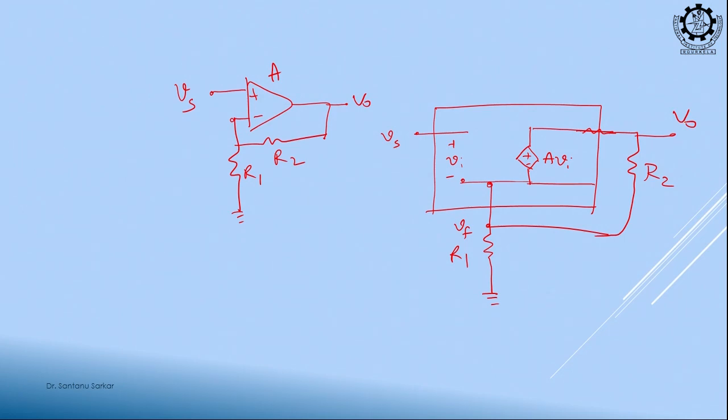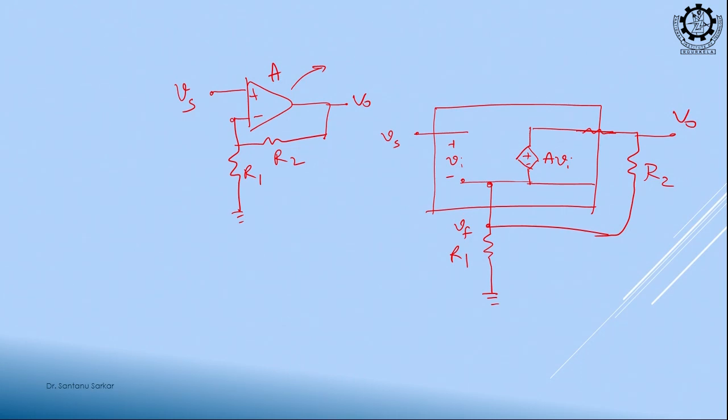So, what we just did, we replaced this op amp with its model. What kind of model? Ideal model. Input impedance infinite, output impedance 0. So, it is a simplified version, and the open loop gain is A, ideally A is infinite.